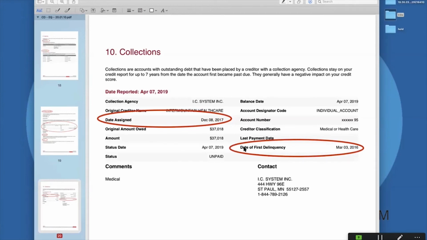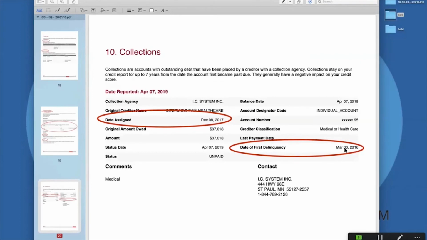And then date of first delinquency. So it's saying that it first went delinquent. The delinquency that led to the charge off or collection was March 3rd of 2016, but notice December of 2017. So that was almost 18 months, 21 months difference.